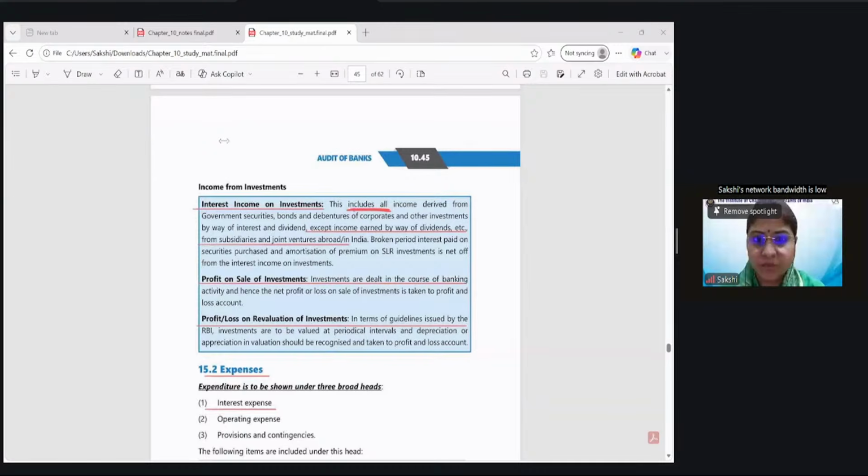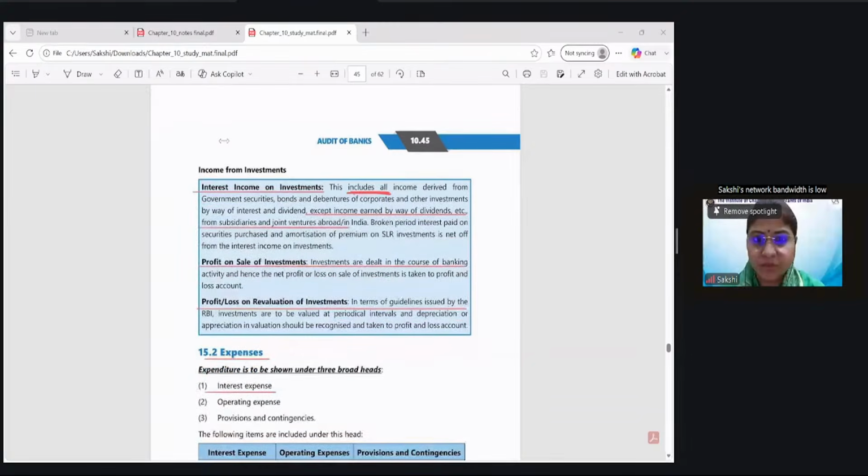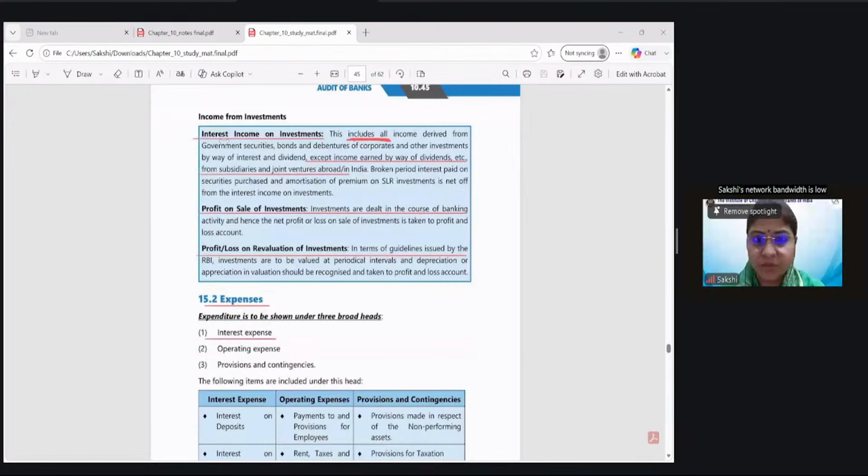Another point is that profit on sale of investment and profit or loss on revaluation of investment will be dealt with in your P&L account. Investments are dealt in the course of banking activity, and hence net profit or loss from sale of investment is taken to profit and loss account. Similarly, profit and loss on revaluation is also dealt with in your profit and loss account. So that is the normal journal entry that you all deal with. There is nothing new.